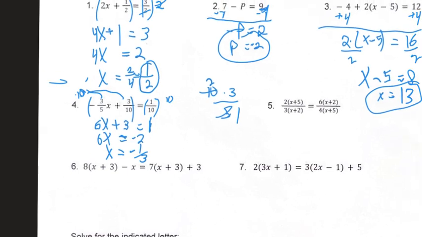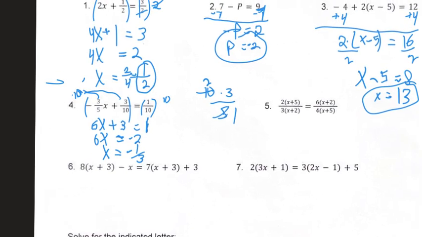Okay. This one, well, it's a proportion, so we know we're supposed to cross multiply because it's a proportion. So we're supposed to multiply these two, and then set it equal to these two multiplied, right? Okay, but we're gonna try that.